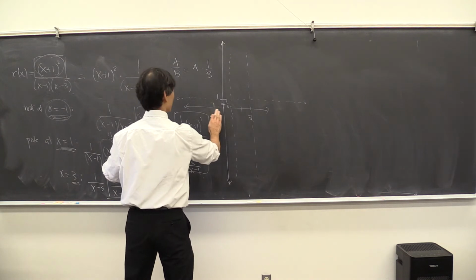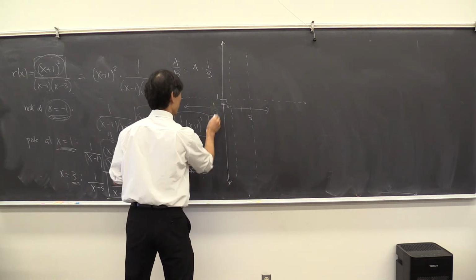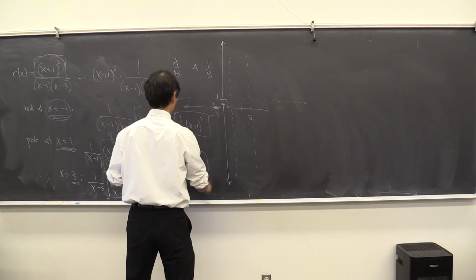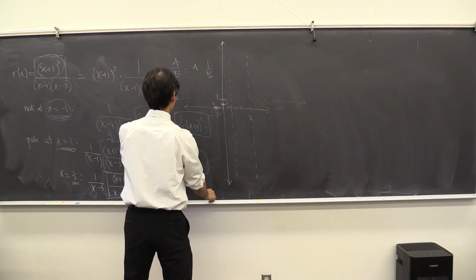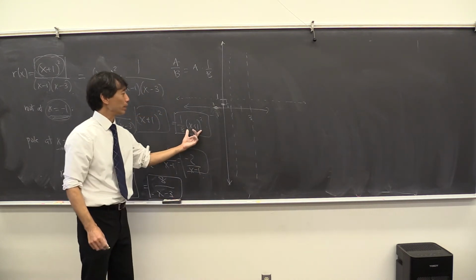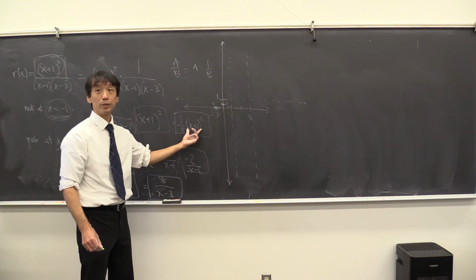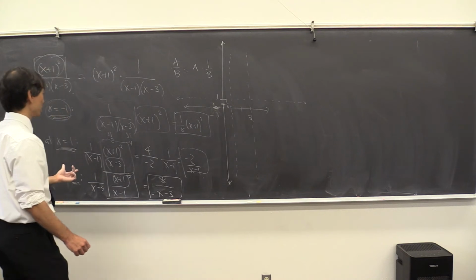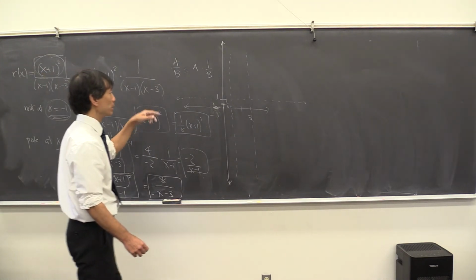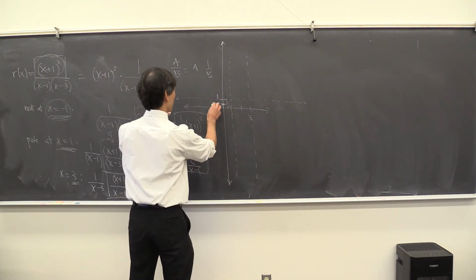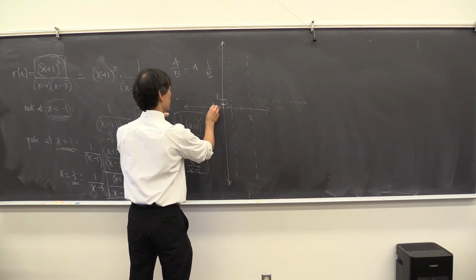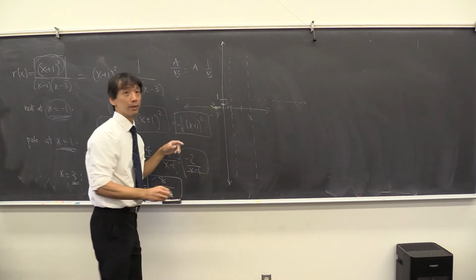Sorry, that was at 1. So at -1, we look like 1/8 x plus 1 quantity squared. So we look like a parabola, but sloping up like that.